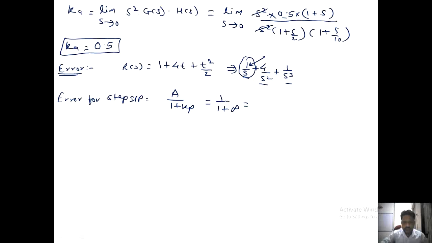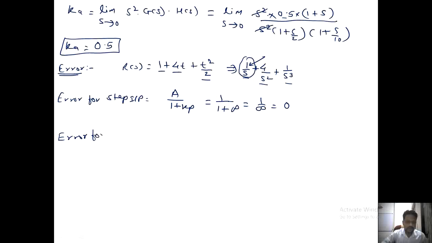So 1 by 1 plus infinity is 1 by infinity, which is 0. Got it? Now, why are we calculating the error value for each and every input? Because in the numerical there is a combination of three inputs given: step, ramp, as well as parabolic. That's why we are calculating the error value for each and every input type.